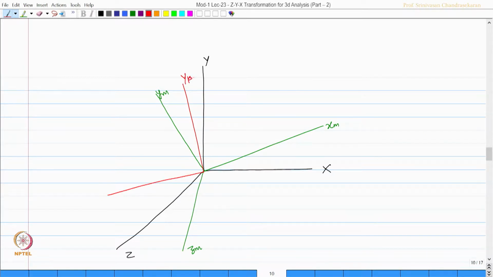This is y beta, this is z beta, okay. And this will coincide with x. Okay. So, now let us say this is my line of sight.